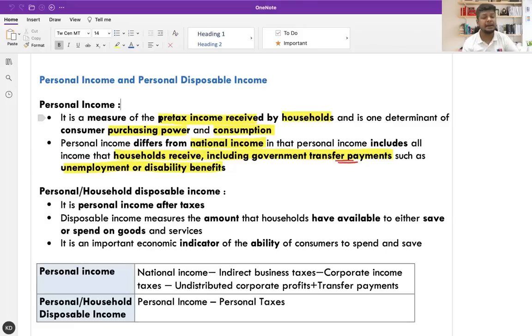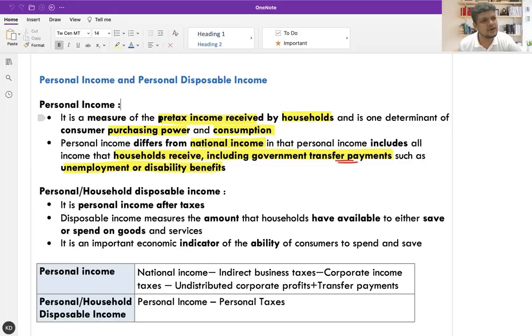For example, if you are unemployed, the government of the US does pay you unemployment benefits. If you are disabled due to some physical or non-physical aspects, those disabilities are also taken care of by many governments. So those benefits that you receive are also considered your income under personal income. Basically, everything that you receive is called personal income. Clear?